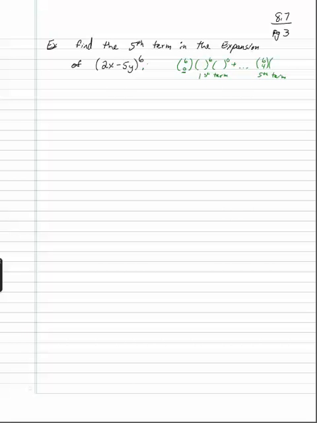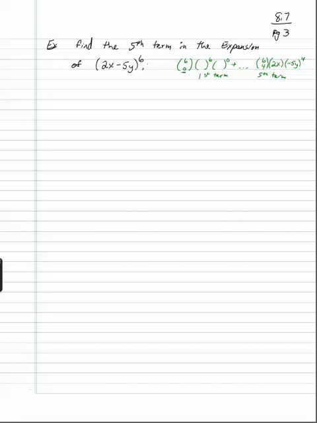And then we're going to do the first term, 2x, and the second term is negative 5y. And the thing to note is the bottom number, the 6 choose 4, goes with the second term. If you go back and look at the pattern, that's 4.